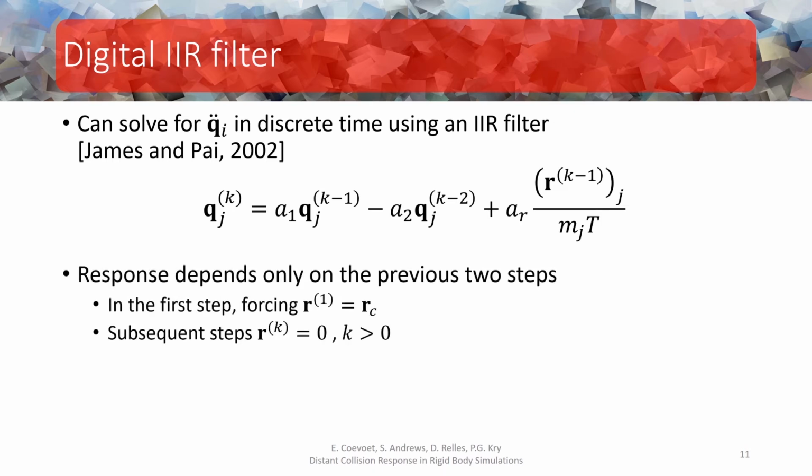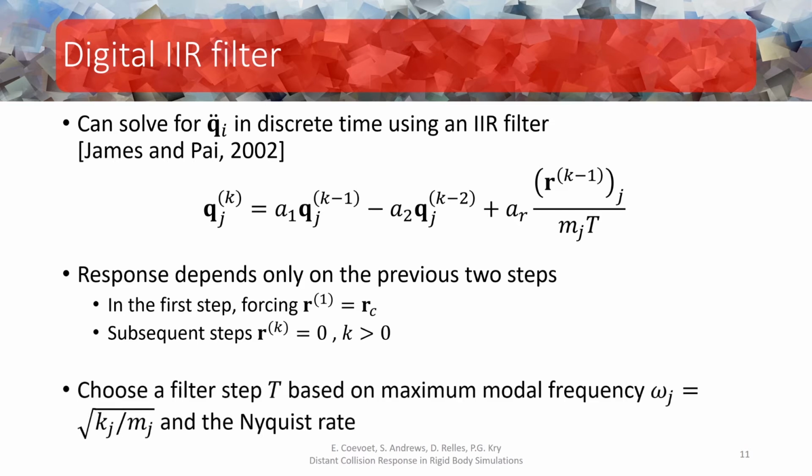Conveniently, even though the filter is evaluated over many steps, only the modal displacements Q of the previous two integration steps and the loading function R are required to compute a new displacement value. Additionally, the loading function is only required for the first step, and in subsequent steps we set it to 0. Alternatively, we could apply the loading function over a small number of time steps to simulate a smoother transition.